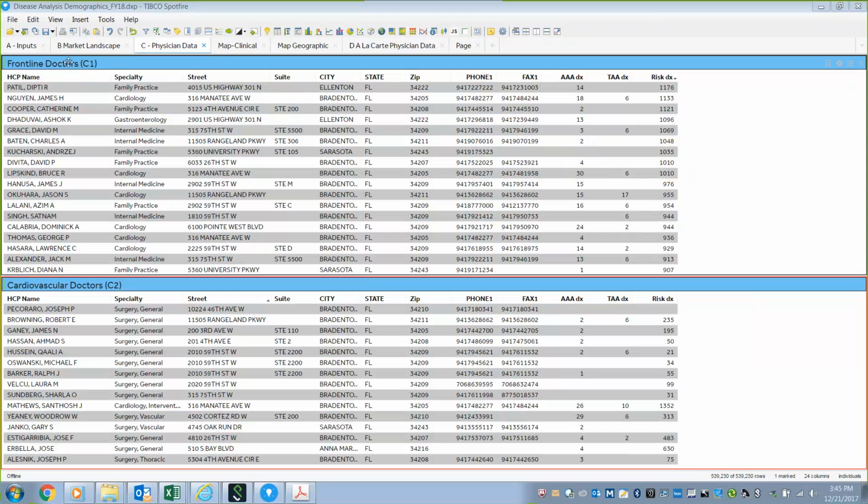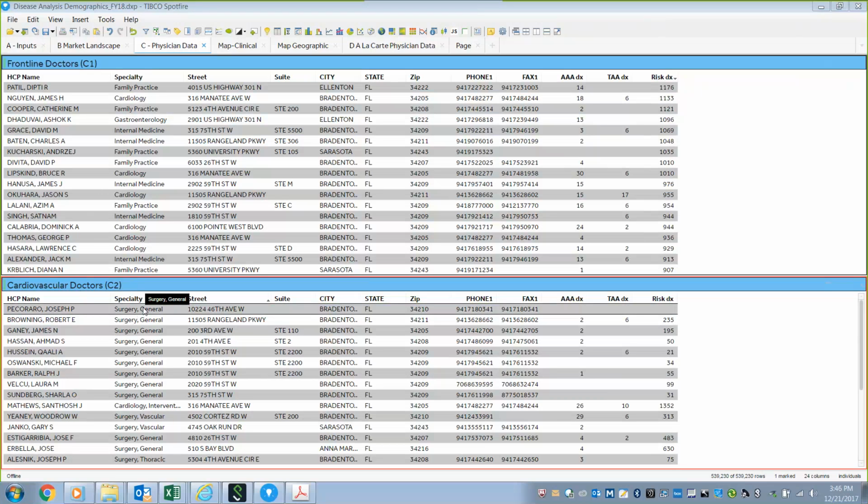Now, the other thing you're going to notice about this page, which is different from how we did it last year, is that we have frontline doctors and then we have cardiovascular doctors. Cardiovascular doctors doesn't necessarily mean implanters, but it could be implanters and likely are implanters. So for the chosen professions for cardiovascular doctors, we chose general surgeons because in some cases, doctors are not boarded and they are surgeons and they do cases and they may do a lot of peripheral cases and they may do some aortic cases.